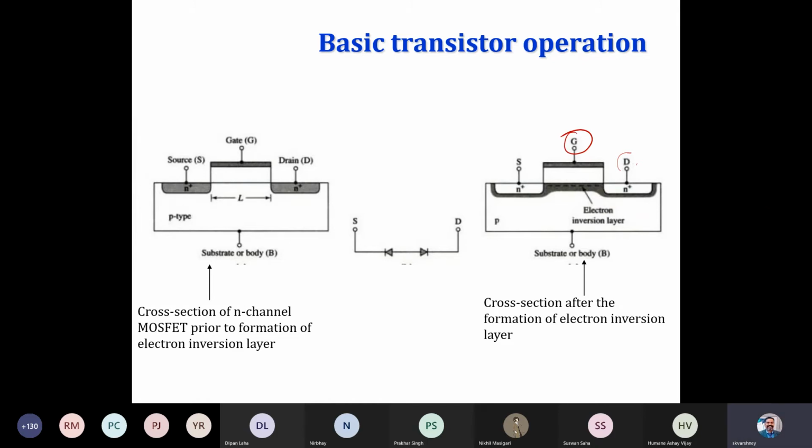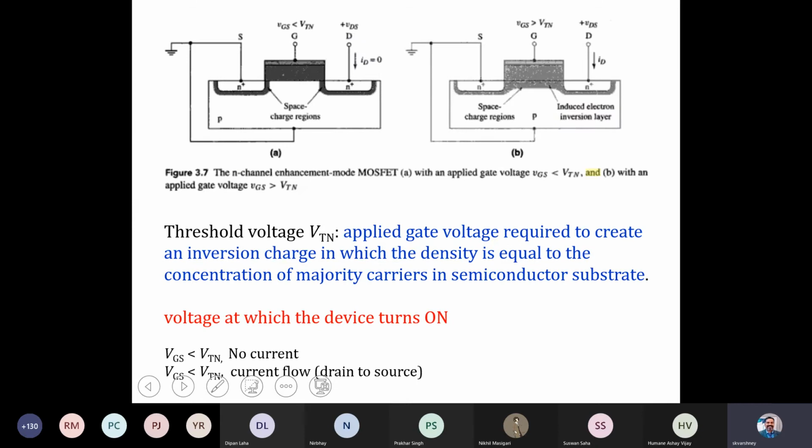Now let's start with a voltage, a signal, applied to the drain terminal with respect to the source here. Let's consider that the voltage applied at the drain to source terminal is very small.